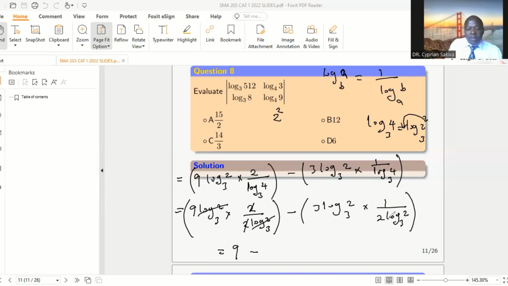What you're seeing is that this is in the denominator and this is in the numerator. So I'm left with 9 out of 2, which becomes 18 minus 3, which is 15 out of 2. And that is the answer that you're supposed to have chosen. Part A was 15 out of 2.